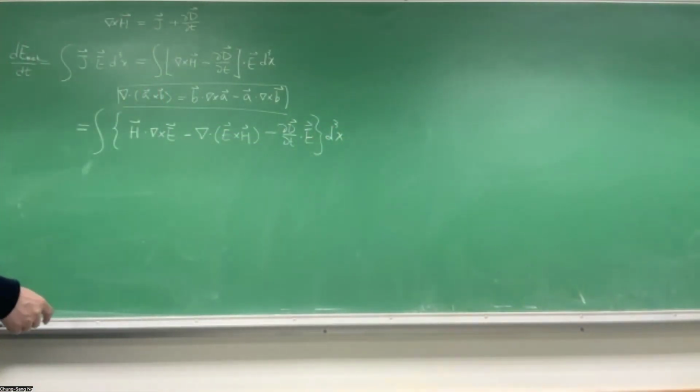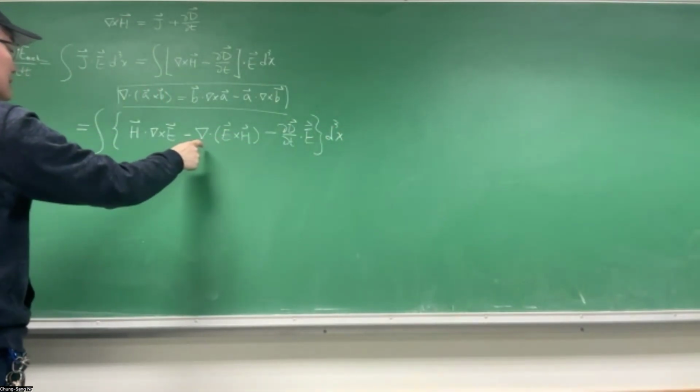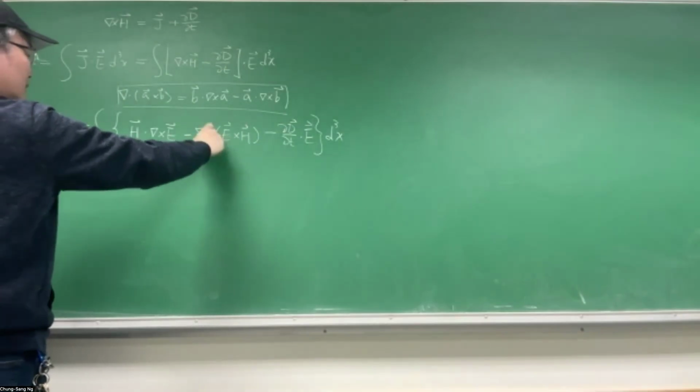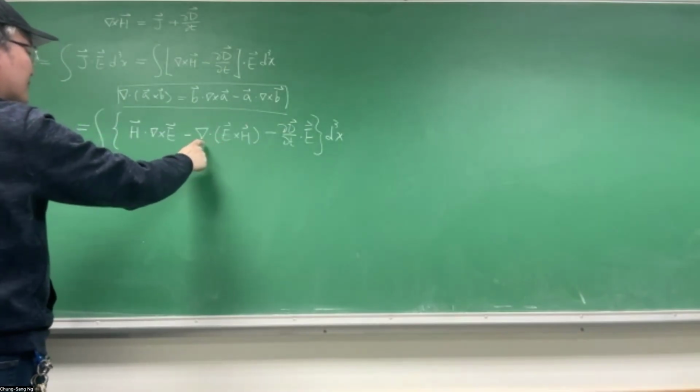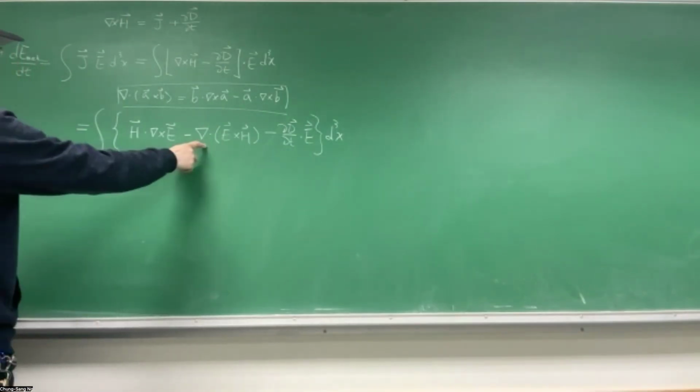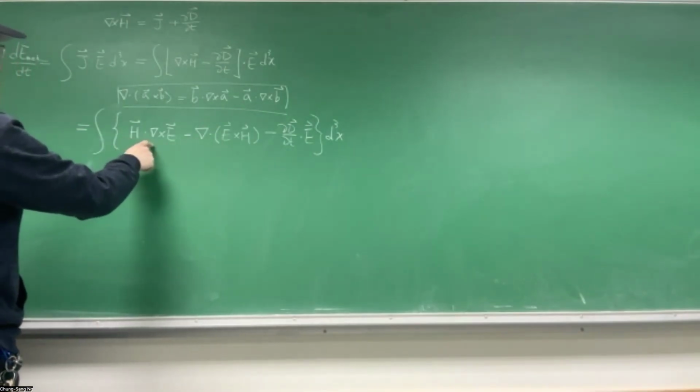Now you have the total derivative here, I mean, total derivative in terms of spatial derivative. So this is a total divergence.